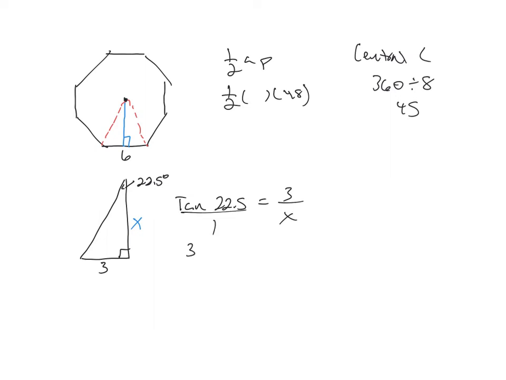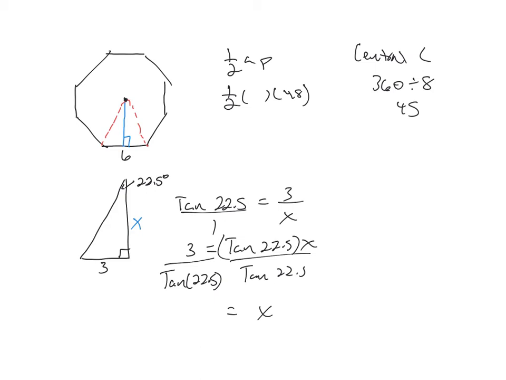So when I multiply the diagonals, I'm going to get 3 equals tangent 22.5x. And then I'm going to divide by tangent of 22.5 on both sides. And I'll get x equals whatever that is. So let's do that. 3 divided by tangent 22.5, and I get 7.24.